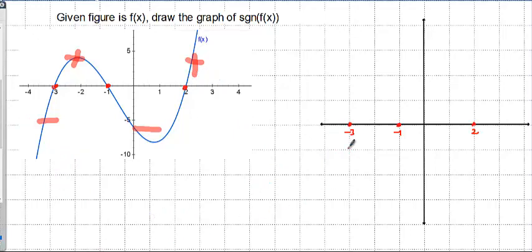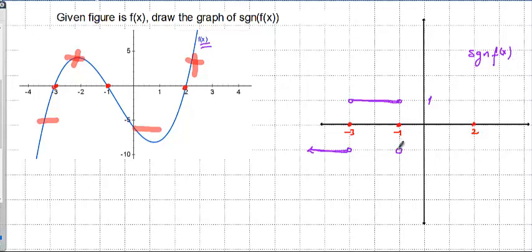If it is negative, here the graph should be y is equal to -1. When the values are between -3 and -1, the function is positive, so the sine function should get 1. This is f(x). We are finding sin f(x).